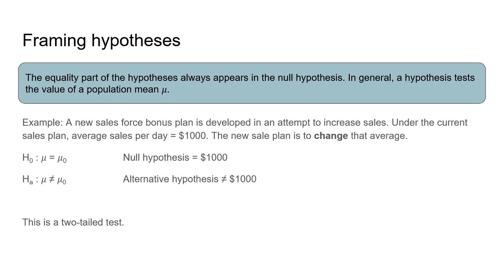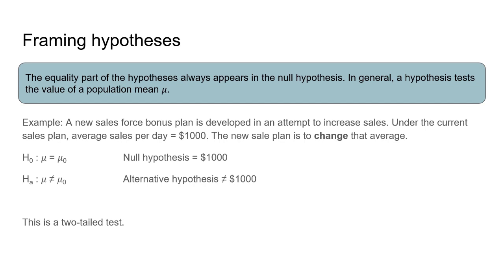We can put all of this together in a two-tailed test, which is the third way of framing the hypothesis. We could say we don't know what could happen. Under the current plan, the sales are $1,000 per day. We just know that the new plan could change that. The operative word here is change, rather than decrease or increase sales.